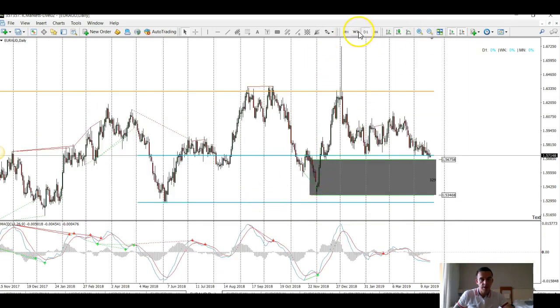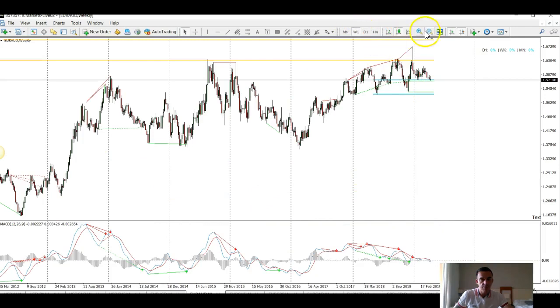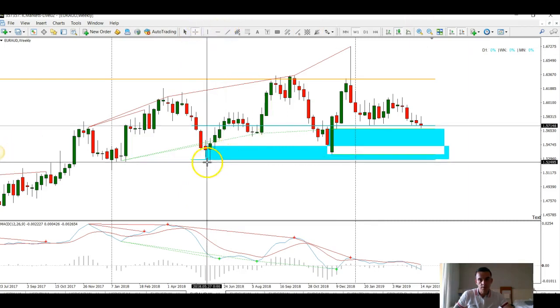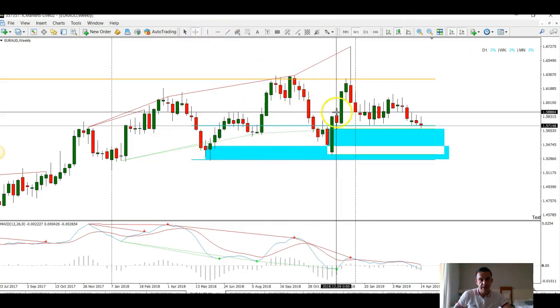So I'll let this come down a bit further before I start looking to buy. Just zoom in on the weekly and see. This is the test of this weekly zone here inside that monthly. So at the minute we're in a period of distribution where big players are getting into the market.